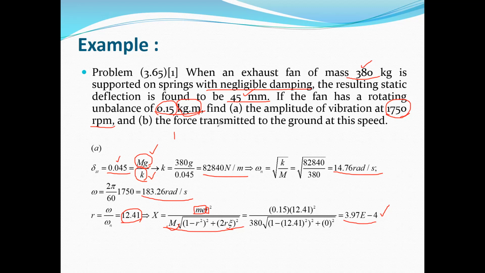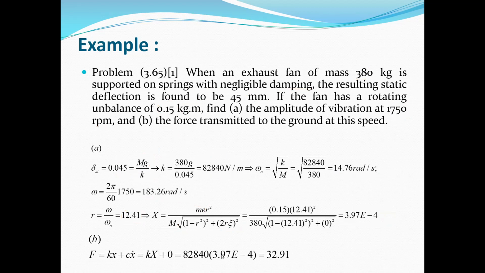So the force transmitted is equal to k times x. Here, this is the maximum value for x, and k is calculated here. So we can calculate the transmitted force, and it's equal to 32.91 Newton. This is the force transmitted to the ground due to this rotating unbalance on this system. Okay, any question? Is it clear?